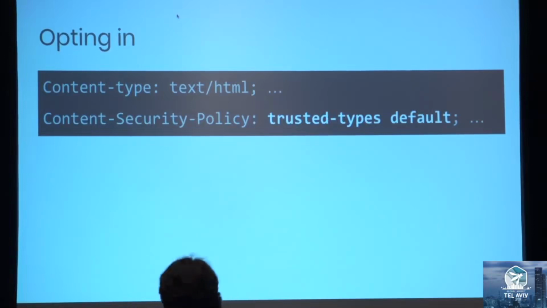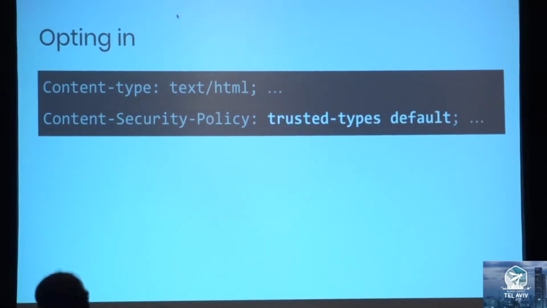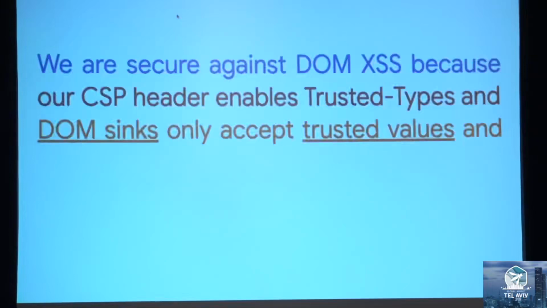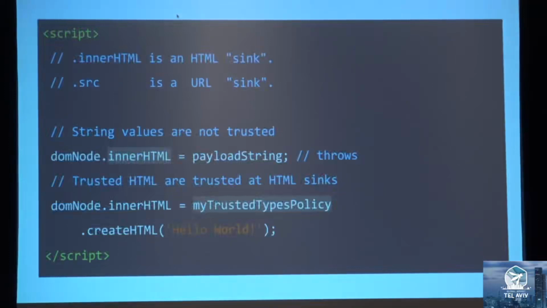If all you do to your application is enable trusted types, you're going to break your application. But it's instructive to see how it breaks. So with trusted types enabled, DOM sinks only accept trusted values. A DOM sink is any browser API like inner HTML or source that we need to keep attacker-controlled strings away from.